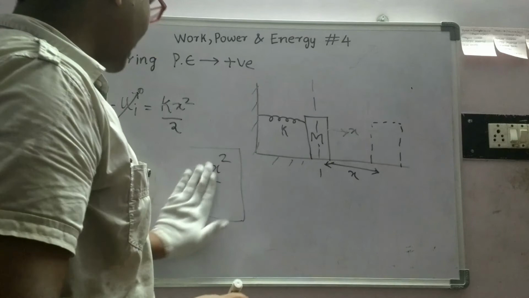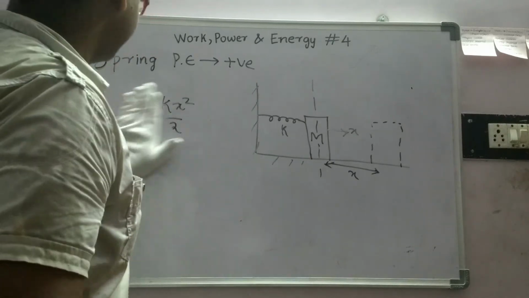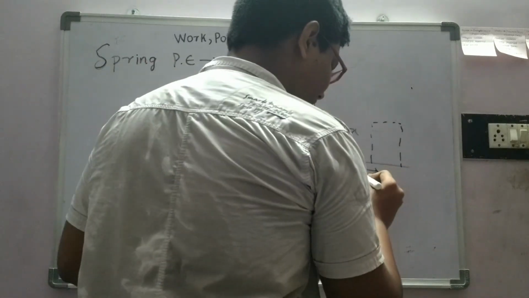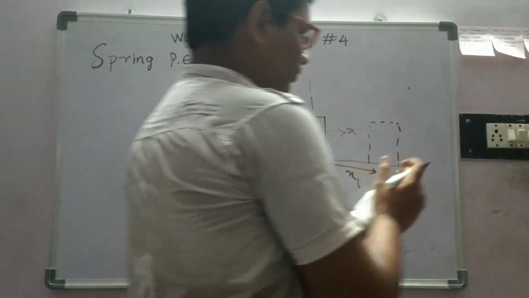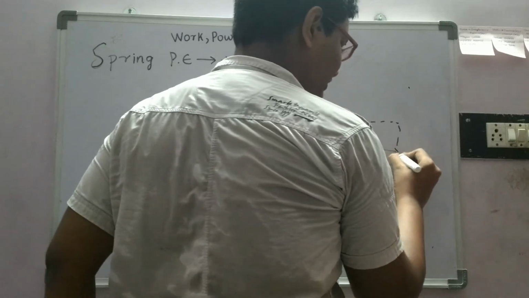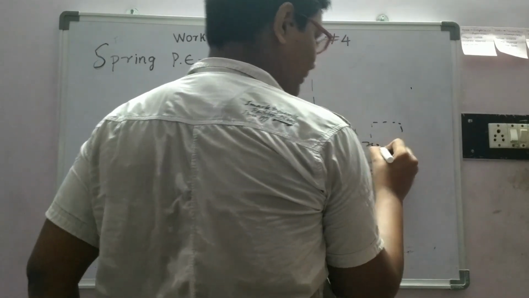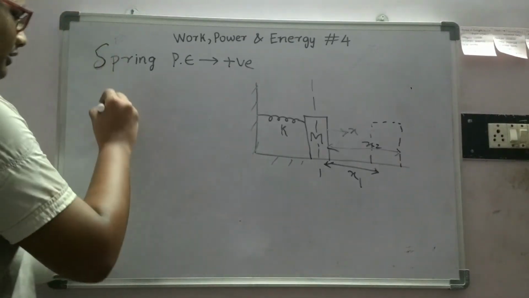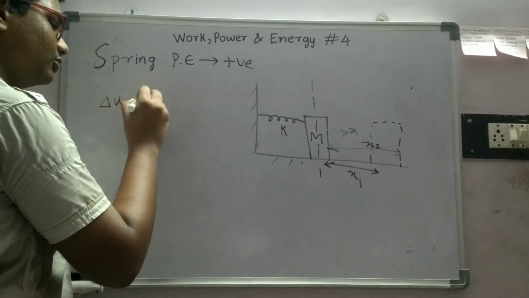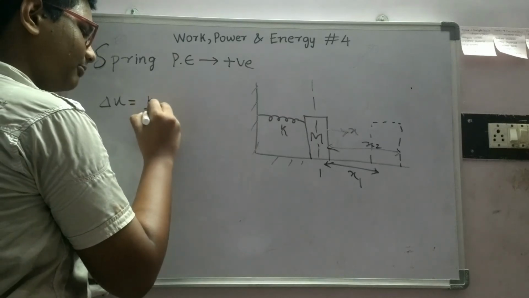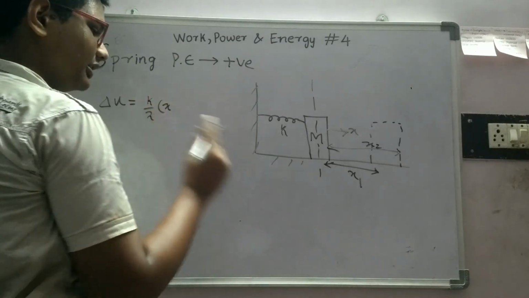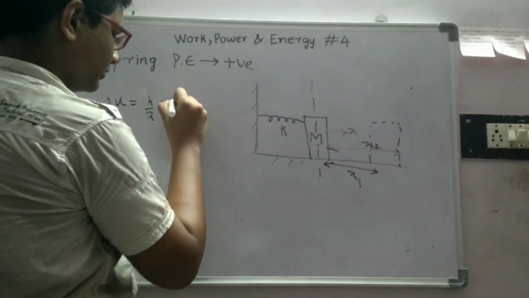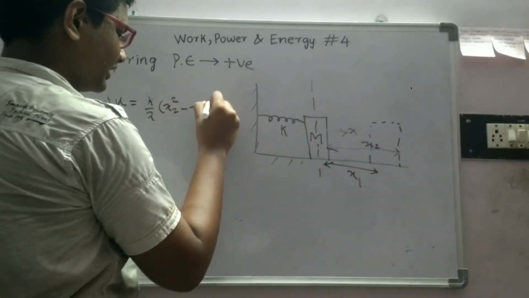And if you are asked, if you move a spring from distance x1 some more distance to x2 from its mean length, then you have to find the potential difference. That is delta U equals k by 2 times x final minus initial, right? Final is x2 and initial is x1.